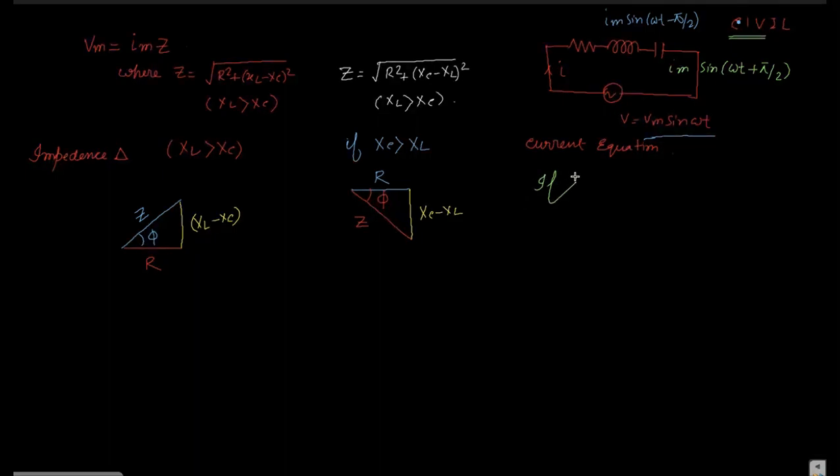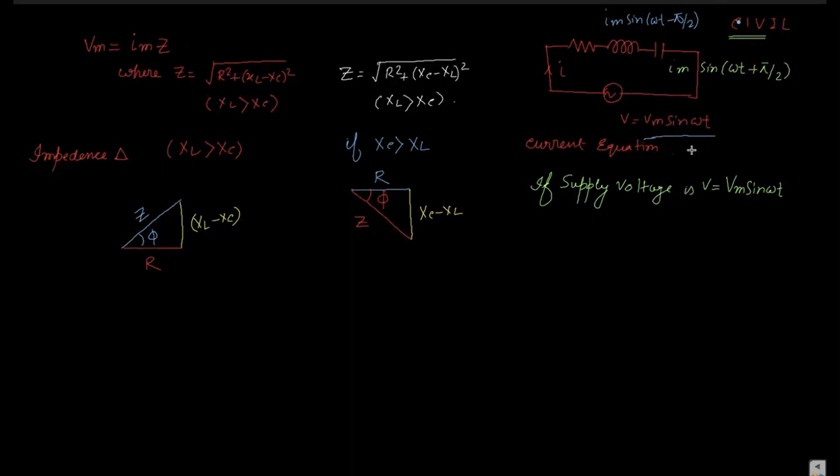So what will be the current equation? If the supply voltage is V is equal to Vm sin omega t, then when you write the expression for V, this V becomes the RMS value, and this Vm becomes the peak or maximum value.